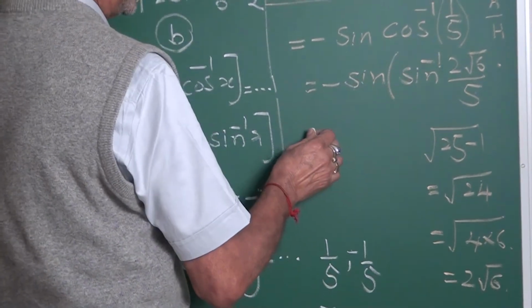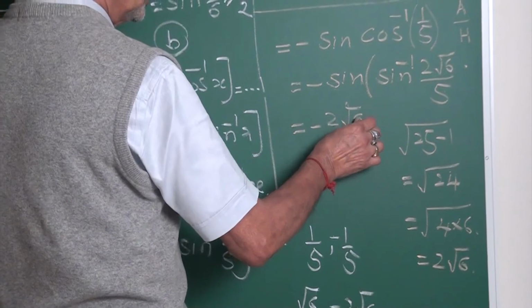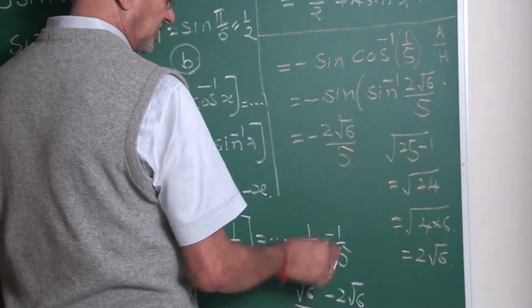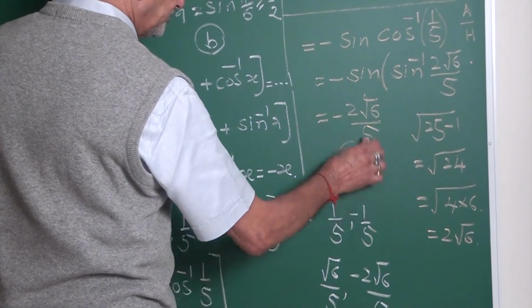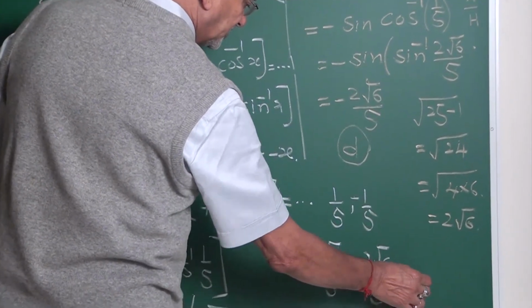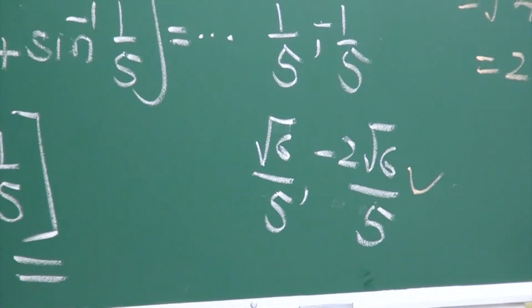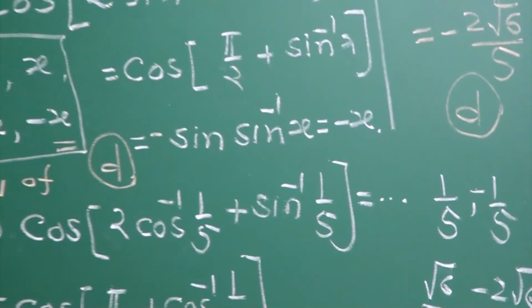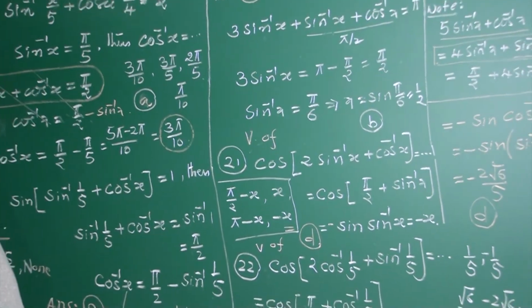Minus sine of sine inverse of 2 root 6 upon 5 is minus 2 root 6 upon 5. Tell which option? Option D is the answer. This one: minus 2 root 6 upon 5. Yes, that will be the answer.